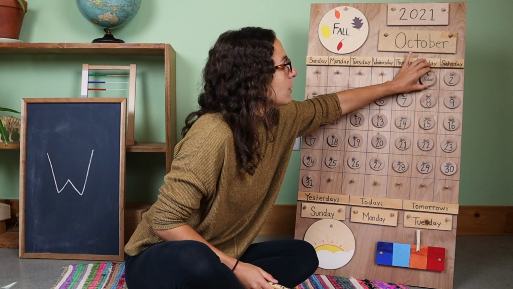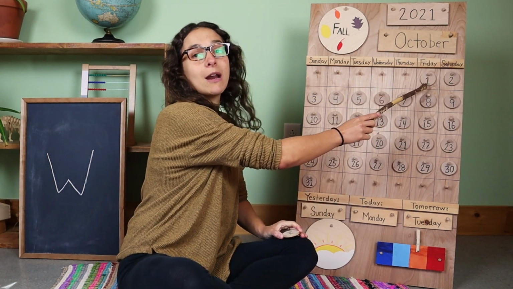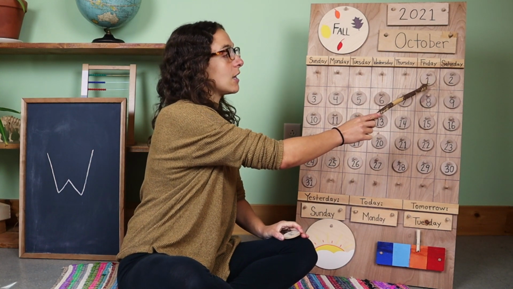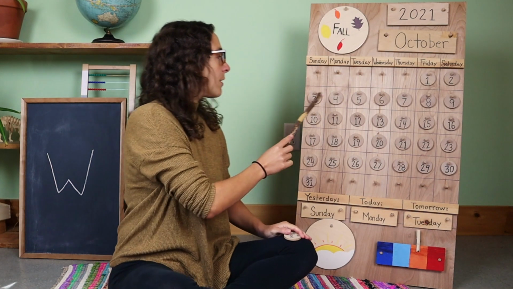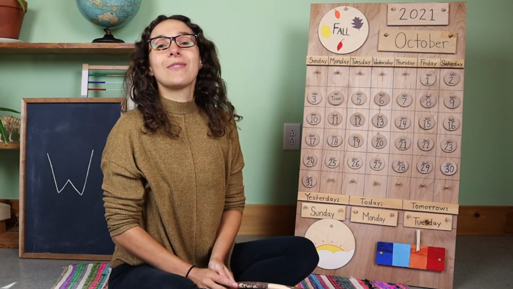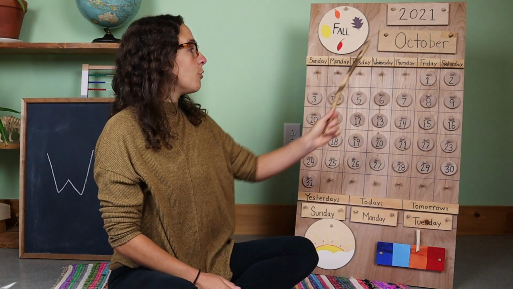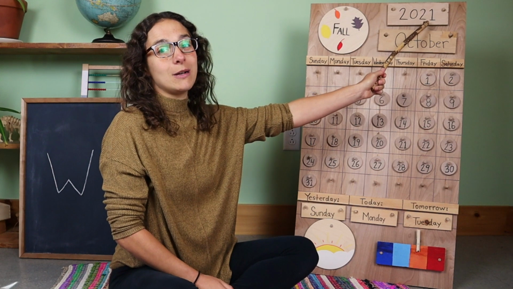So I'm going to move the chip over from the number 1. The last time we met was October 1st. So I'm going to move it from the number 1 to the number 2, 3, and put it right on the number 4. Today is October 4th, and the year is 2021.